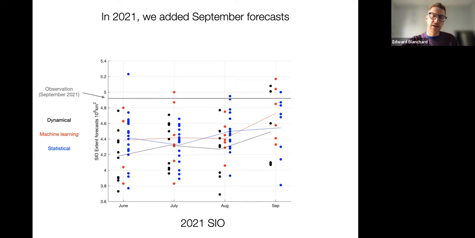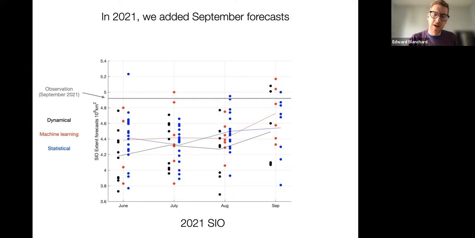The lines are the means of each technique's cluster, and the gray flat line at around 4.9 is the observed value, so that's the target. You can see that throughout the forecast period the forecasts are slowly improving toward 4.9, but the spread almost remains the same. By early September, you might think the forecasts should be converging, but we don't really see that.